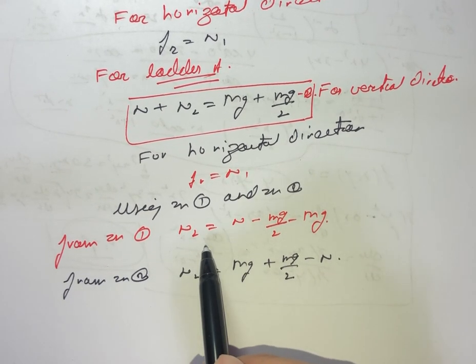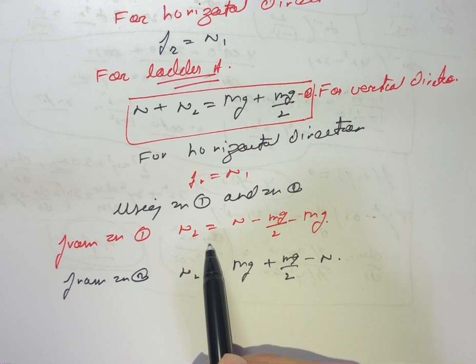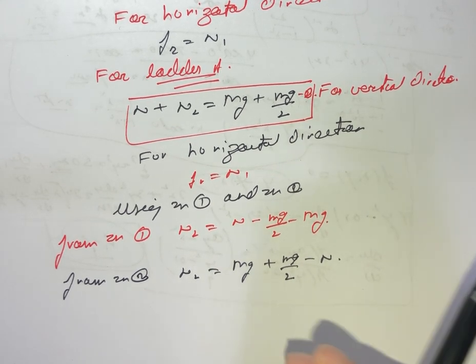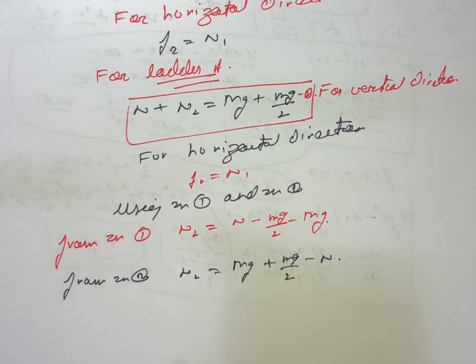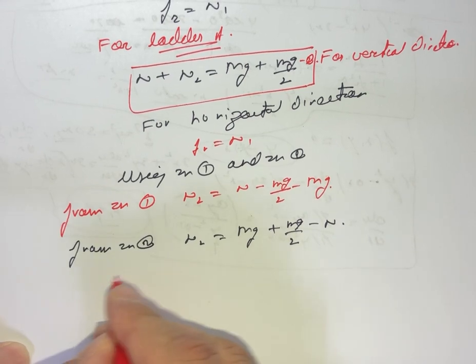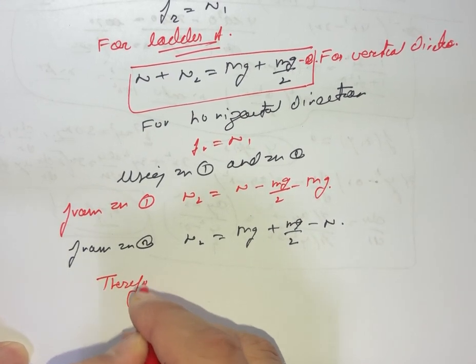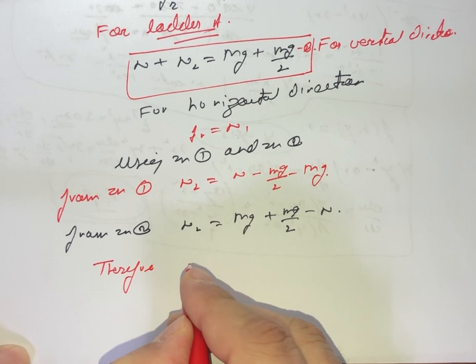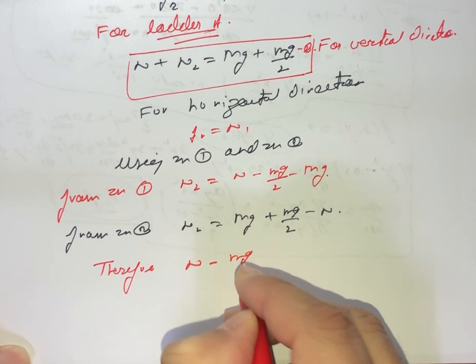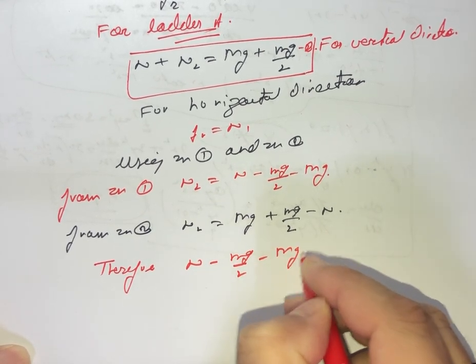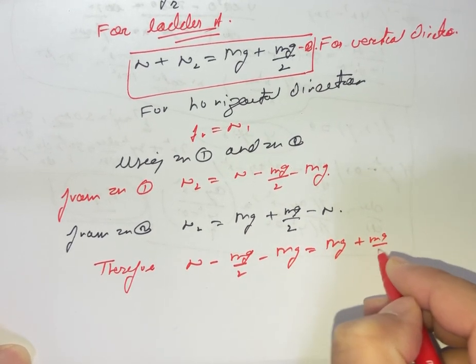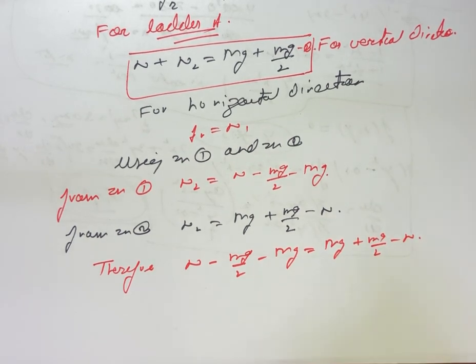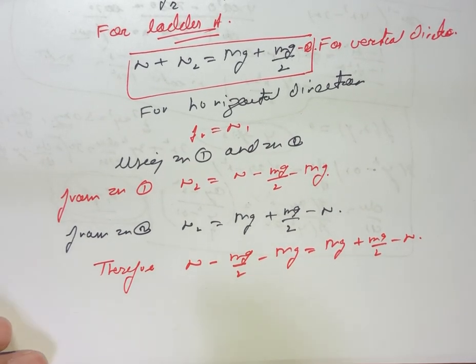Okay, so therefore we can write that n minus mg by 2 minus mg is equal to mg plus mg by 2 minus of n, and from here we can say this will be 2n.